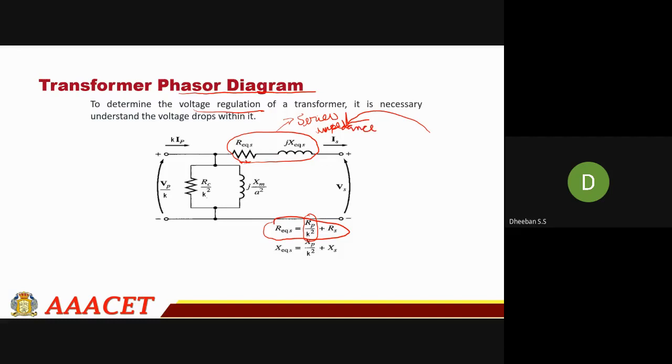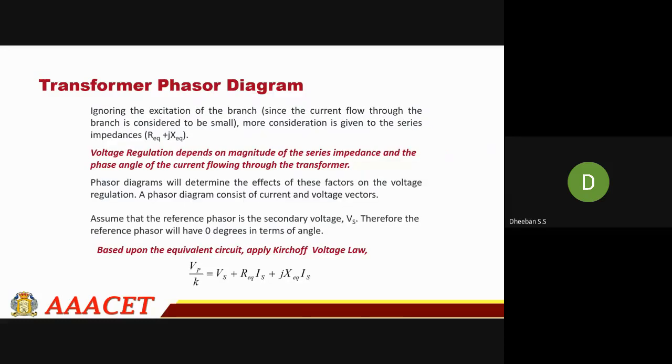The impedance is nothing but Z equivalent, which is equal to R equivalent plus jX equivalent. And moving on, the voltage regulation depends on the magnitude of series impedance and the phase angle of the current flowing through the transformer. This is a very important thing: the phase angle of the current.